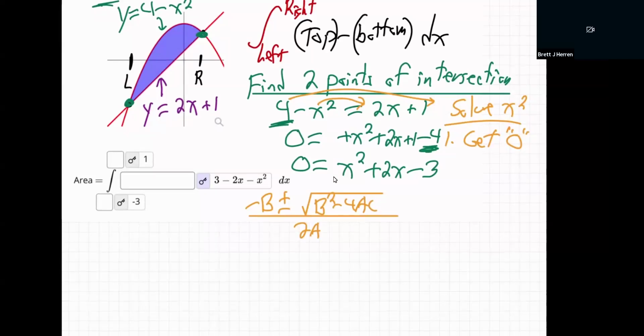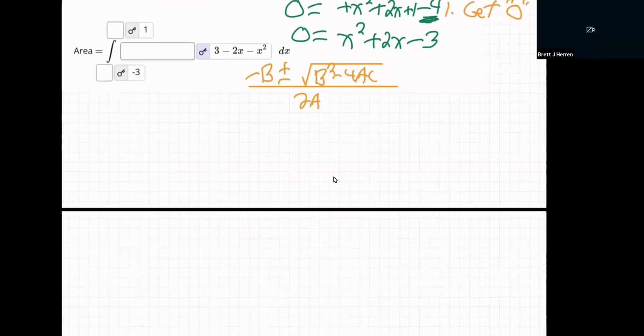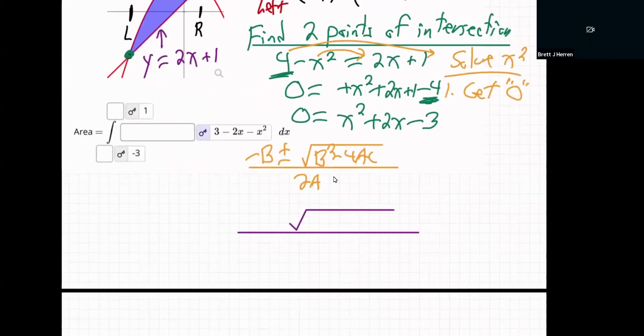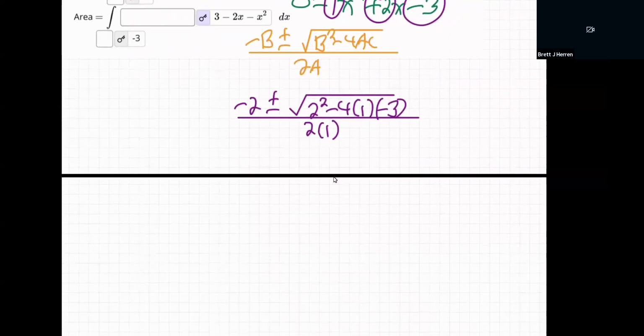So here a is 1, b is 2, c is negative 3. So negative b, negative 2, plus or minus the square root of b squared, 2 squared, minus 4 times a times c, all over 2a.